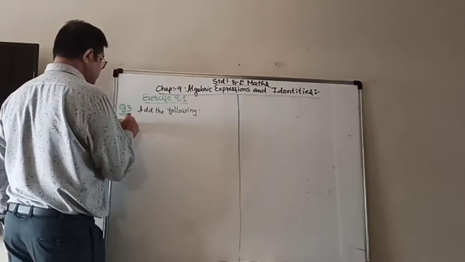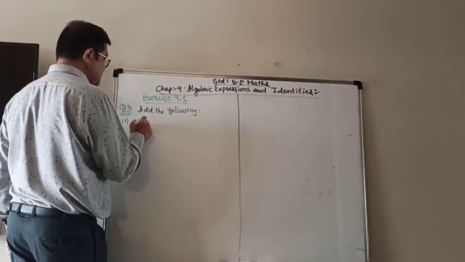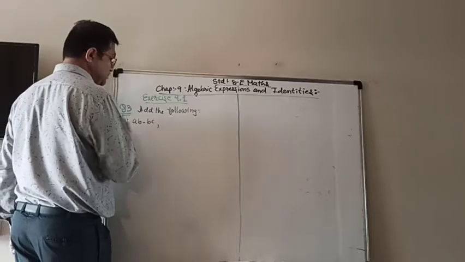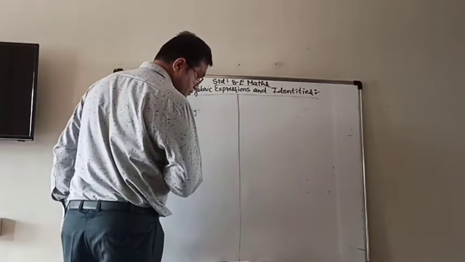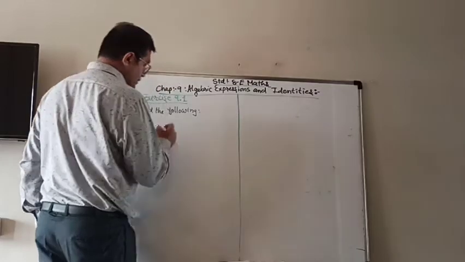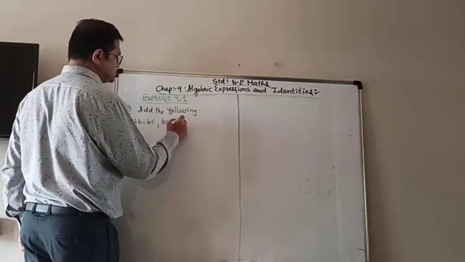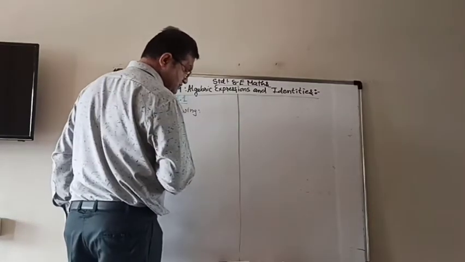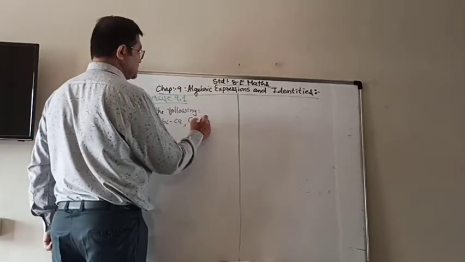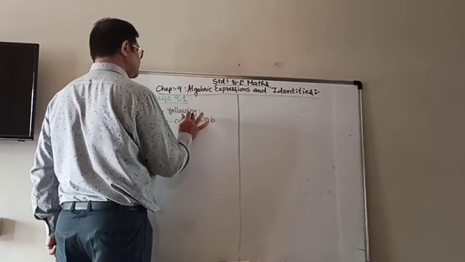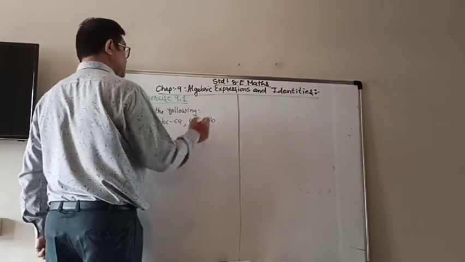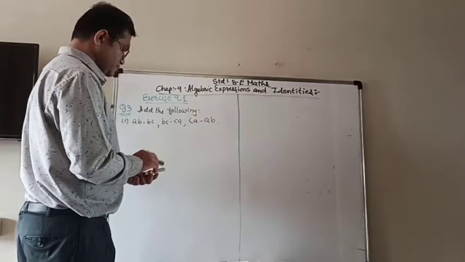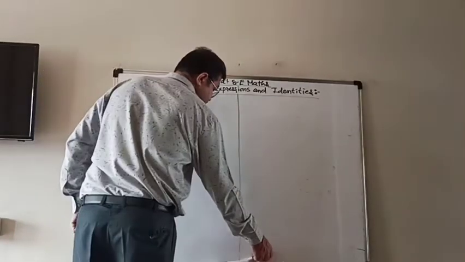The first set of expressions is AB minus BC, the second one is BC minus CA, and the last is CA minus AB. Now we are going to add them.